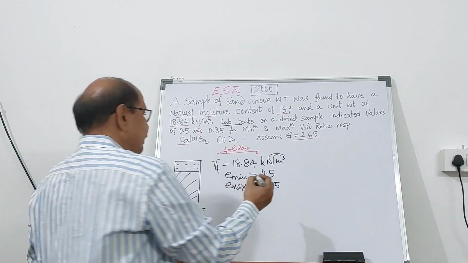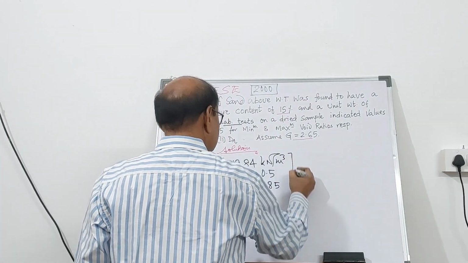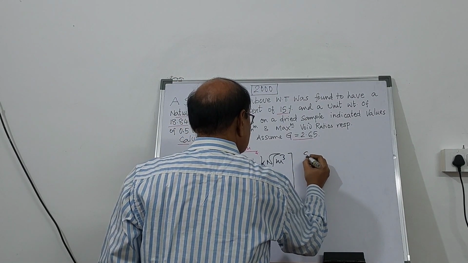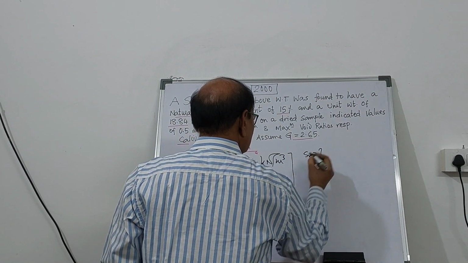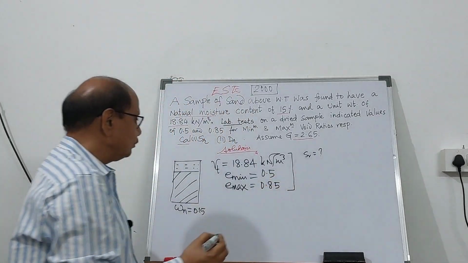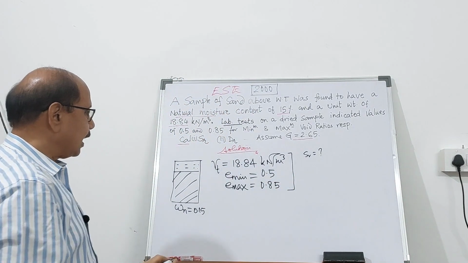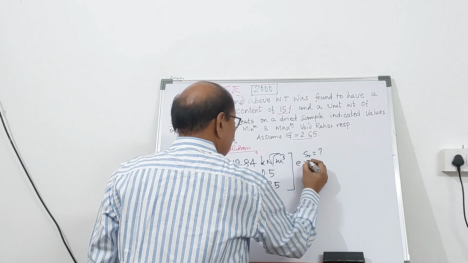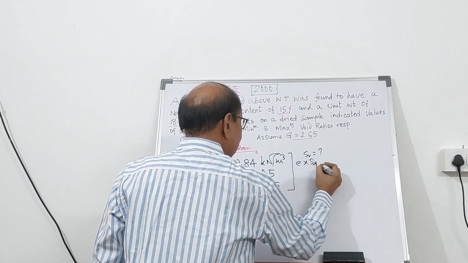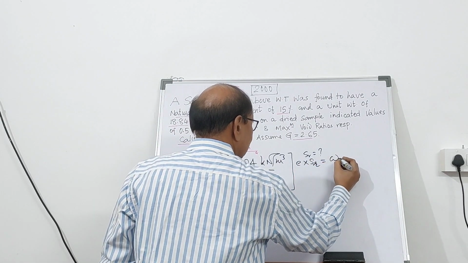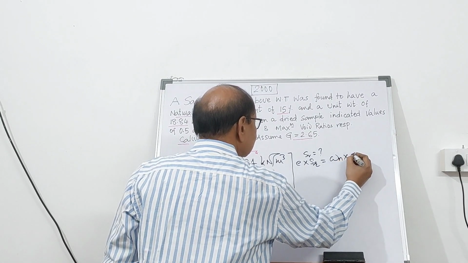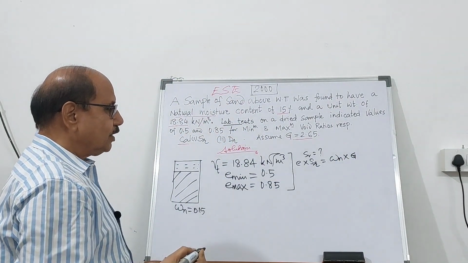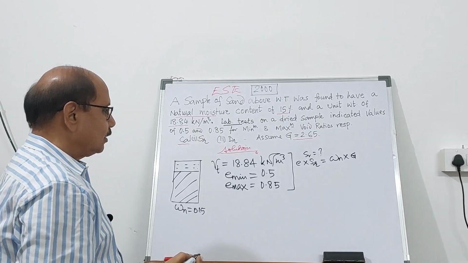So to calculate the degree of saturation, Sr, we have the relationship that void ratio E into Sr equals natural moisture content Wn into specific gravity G of the soil solids.